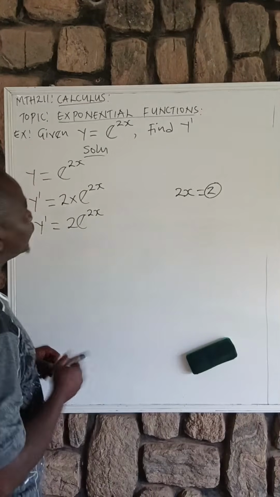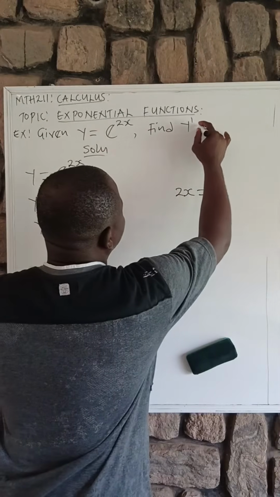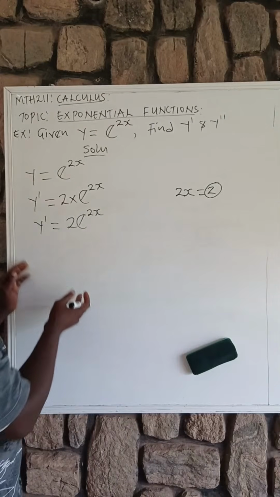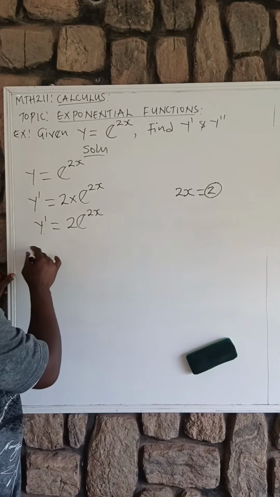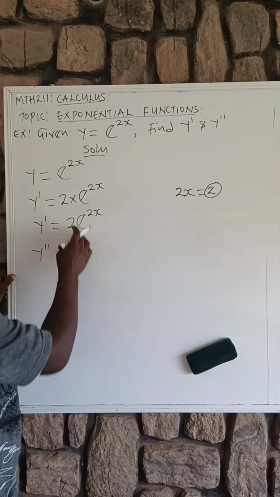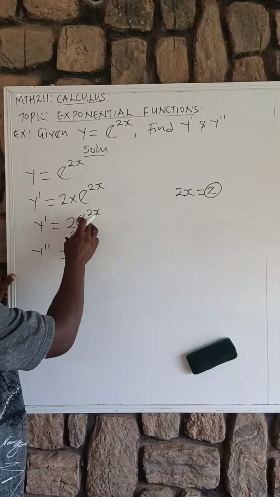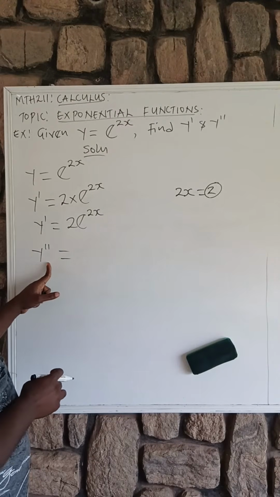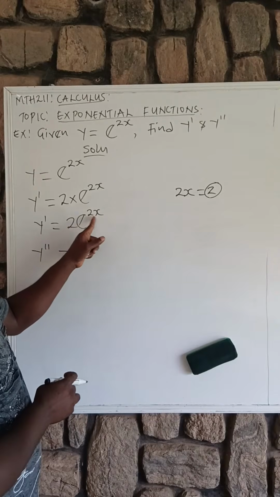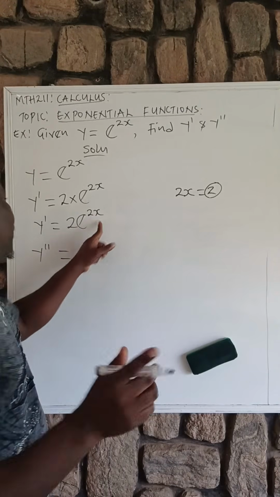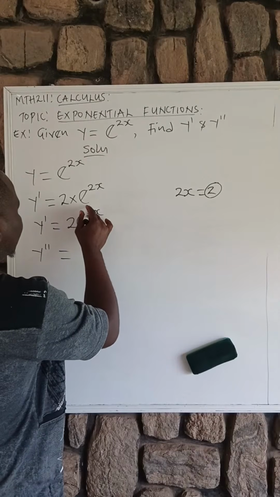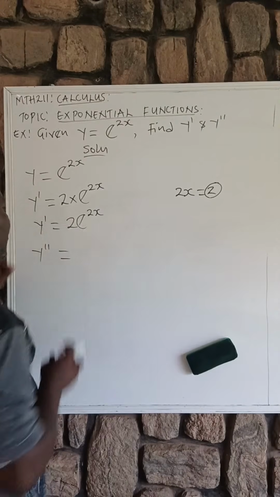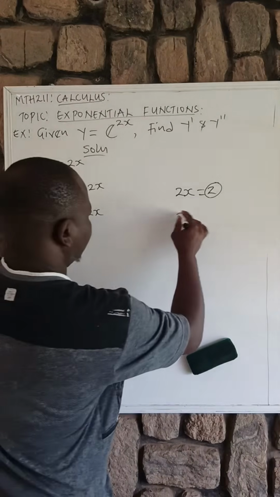Okay, what if now we said find y prime and y prime prime? It means we have to differentiate this function twice. So for us to obtain y prime prime, we'll differentiate y prime. So we have 2 exponential 2x. What you should consider is still the same thing: just within, what is on top of the exponential? 2x, true or false?